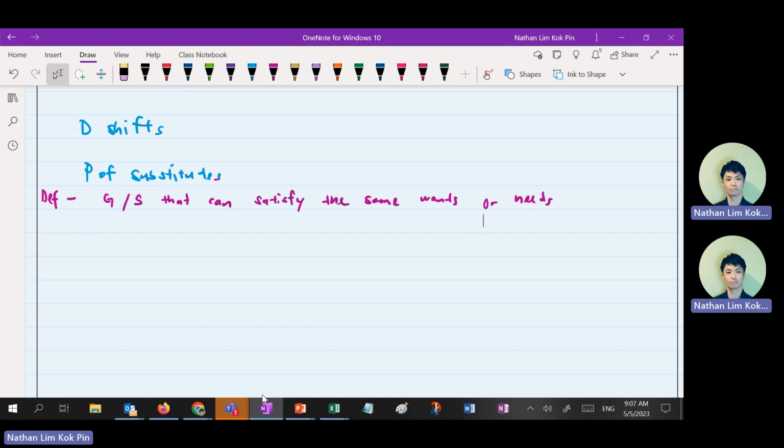Contact lenses and glasses. Same need, same want. But they are different things, not different brands. In my slides, behind chapter 1, how many of you actually read the slides above page number 50?